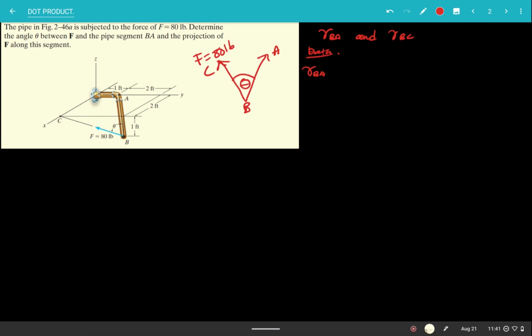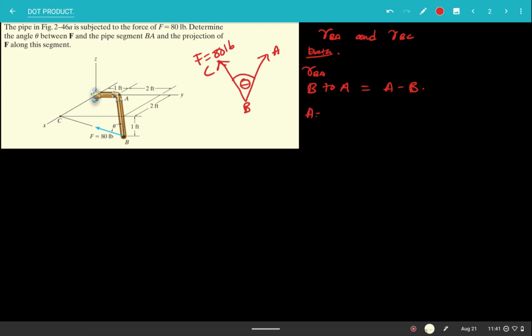Now for RBA, you need to understand that RBA is B to A. And if it's B to A, it implies that this will be A minus what? B. So let's find the positions at A as well as B.